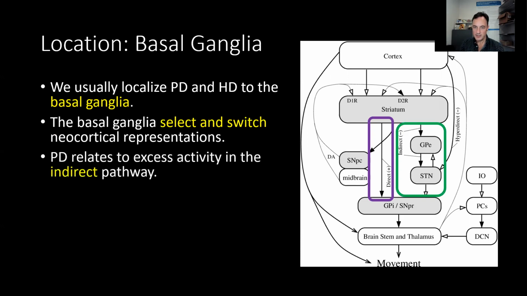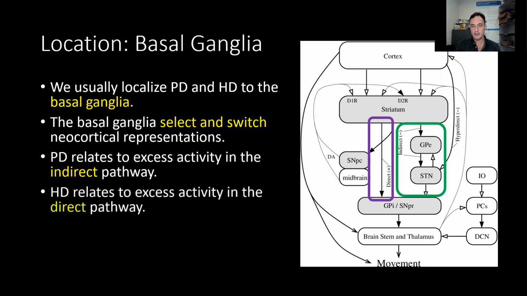So the first pathway is the green one on the right there, with the green box, the indirect pathway, which is thought to basically inhibit the thalamus and cortex and result in a general inhibition of behaviors and movements. And Parkinson's is possibly related to an excess of activity in that pathway.